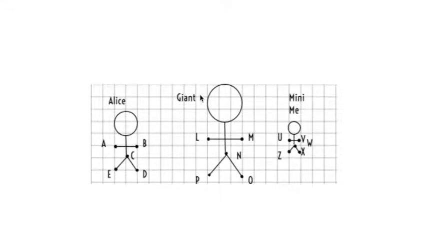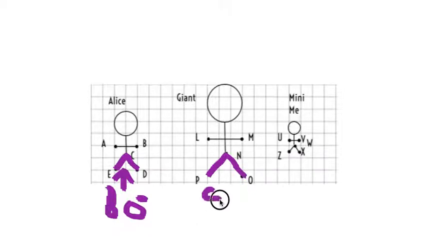So looking at this, one thing I might want to pay attention to are some of the angles. We've got a lot of angles here. So I could look at ECD, for example. And if I look at ECD and measure that angle, you would find that that ends up being, I believe, 80 degrees if you use a protractor. And if you come over and you measure the same angle, a corresponding angle over here, it is also 80 degrees.